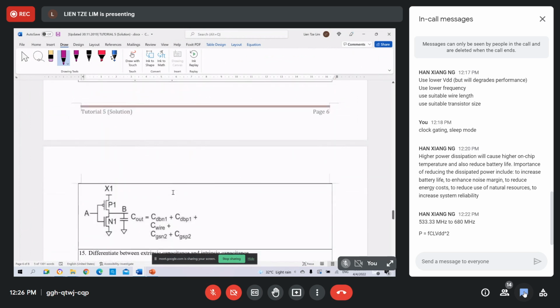So if we want to determine the load capacitance, that will include these. This is the output capacitance, this is the wire capacitance, and this is the gate capacitance.